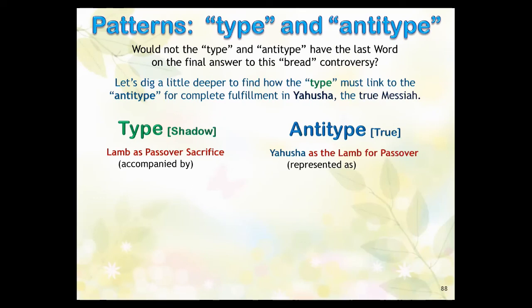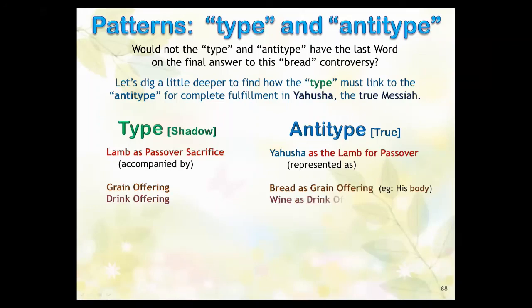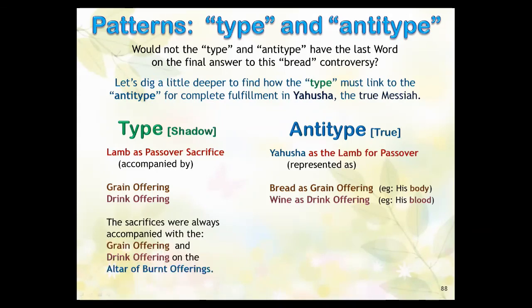This type in the Exodus account or the Torah, this lamb or this Passover sacrifice has to be accompanied by a grain offering. And Yahusha also gives his body as the bread in linkage to the grain offering. You also have to have a drink offering with that sacrifice. And Yahusha said his blood is representative of the drink offering.